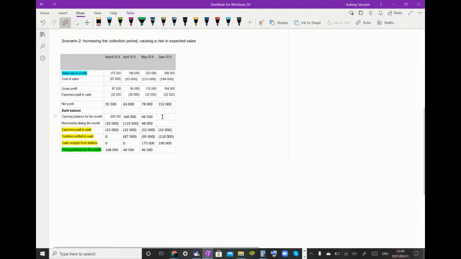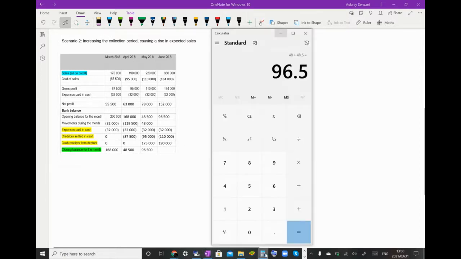Okay, we've got that. So then here, this is going to be our opening balance, 96,500. Okay, what is the total movement here? So it's 190 minus 142,000. See what we come up with over here.